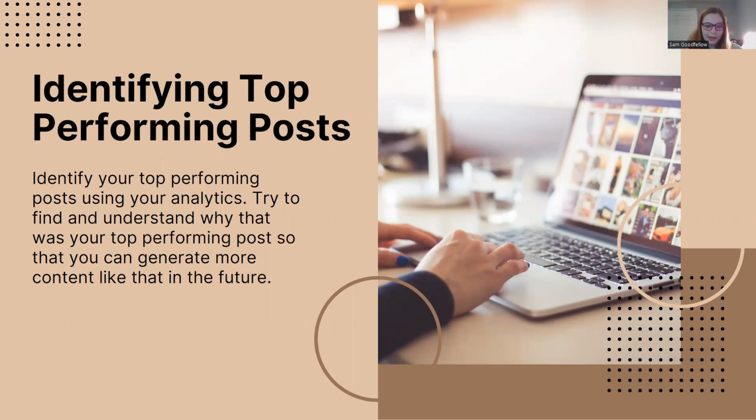Again, this will be shown through your analytics. You just need to go through and find which posts are your top performing. And then once that happens, you can figure out maybe what is going on with those posts that you could continue in future posts, so that those can be top performing as well, or that just trend continues, because obviously something went right for those. So you just want to kind of continue it that way.